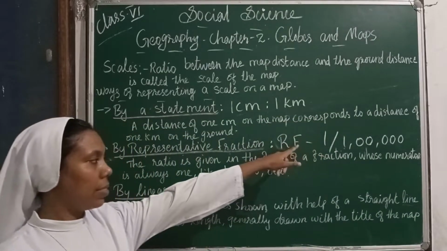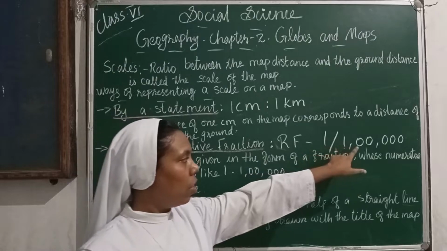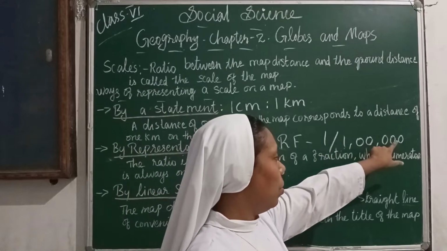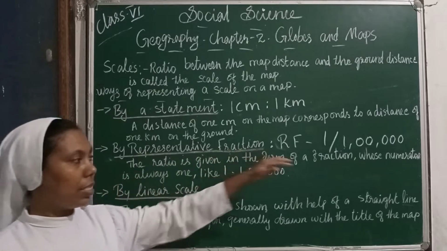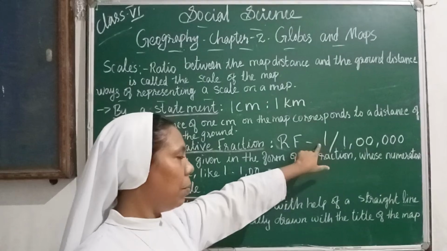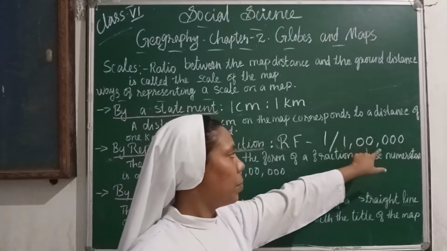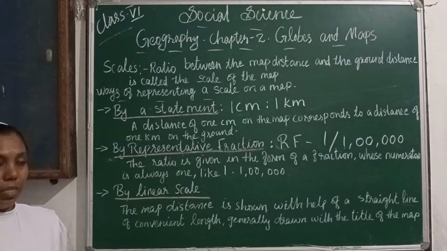The 1 represents the map distance and the 1 lakh represents the ground distance, in the same units of measurement.